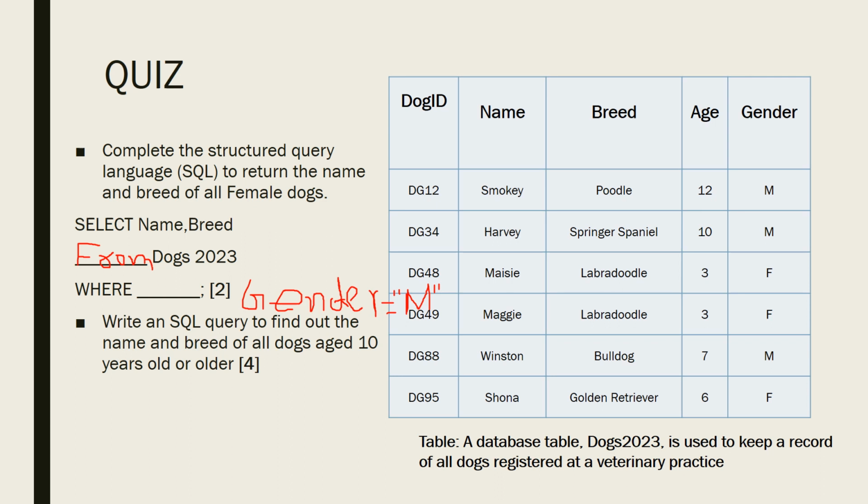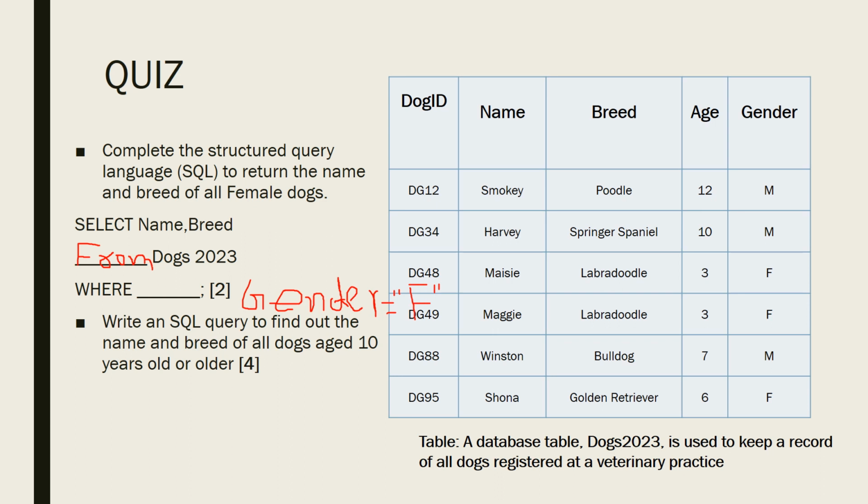So in the WHERE clause we are going to specify gender equals M. Oh, sorry, not M. In fact, it's female, so we want F. So instead of M, let me write down F here, because they want all the females.